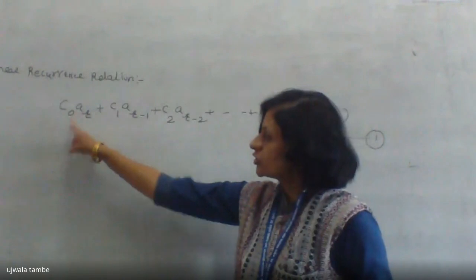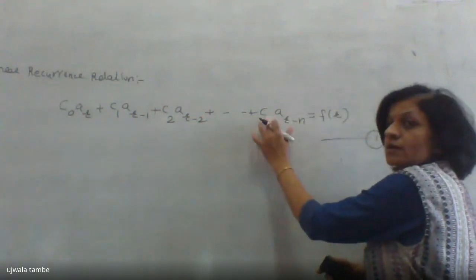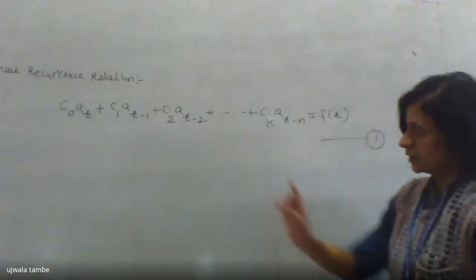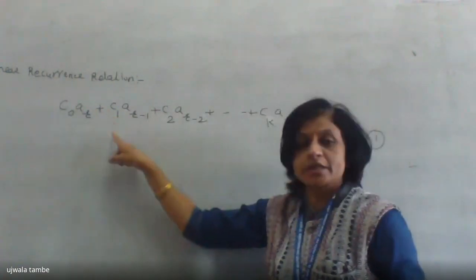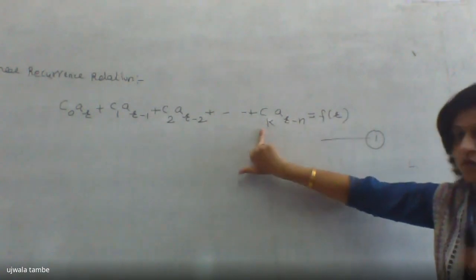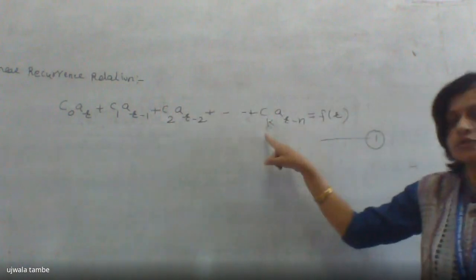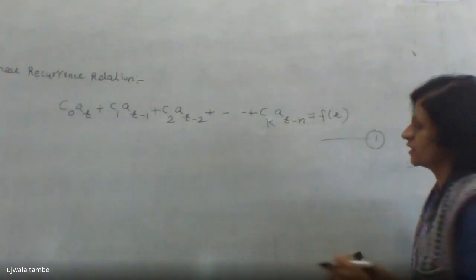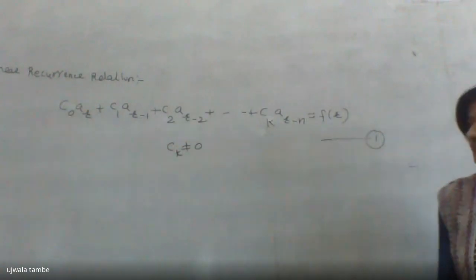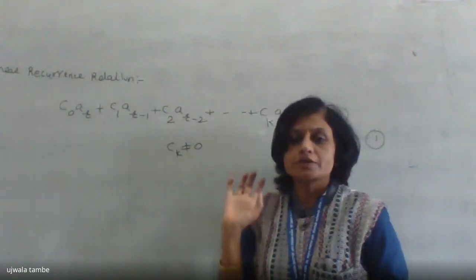Here C0, C1, C2, C3 up to Ck all are real constants. Remember, Ck is not equal to 0. This is known as linear recurrence relation with constant coefficients.